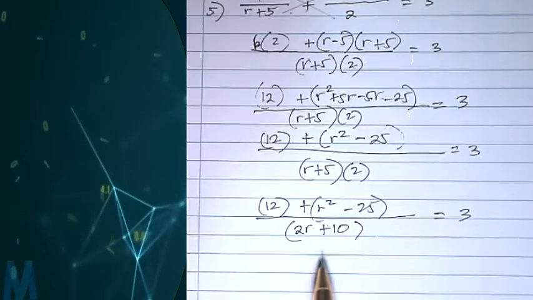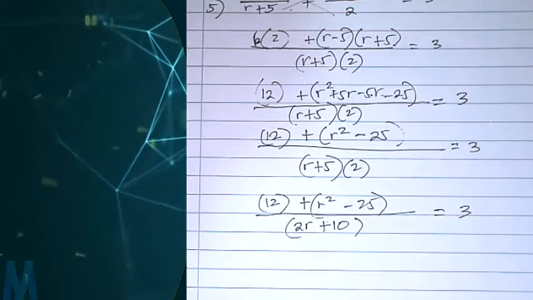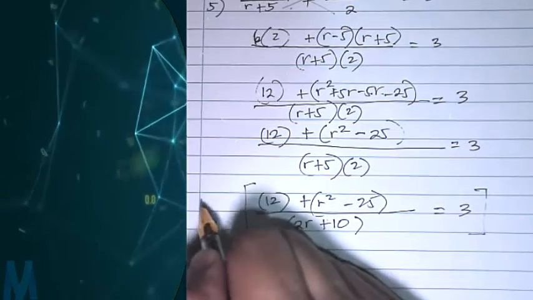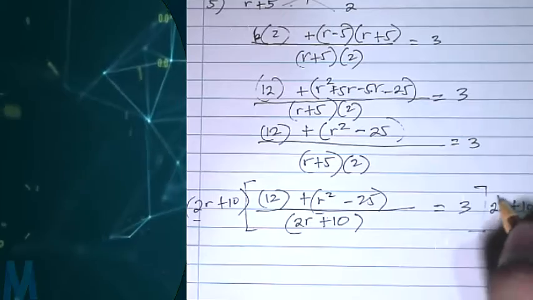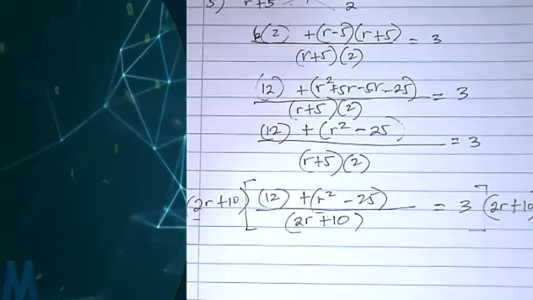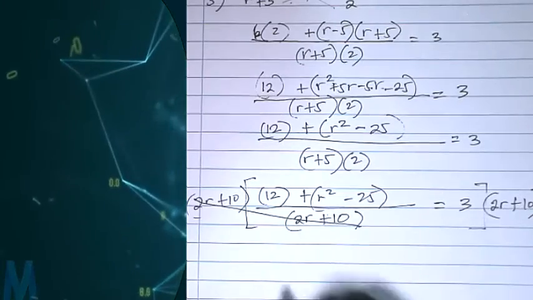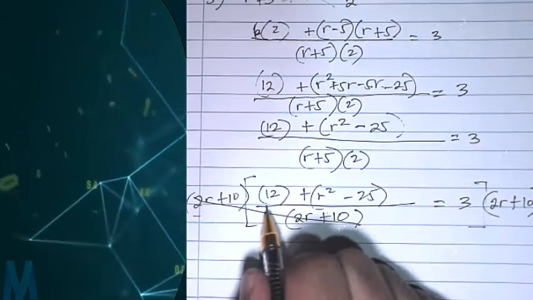Then we are going to multiply. Okay? Multiply both sides by 2r plus 10 para mag-flat ng atong equation. So we have 2r plus 10. So makancel na isa. Ang mabili na lang sa baba is 12. Pwede na natin makuha ang parenthesis.